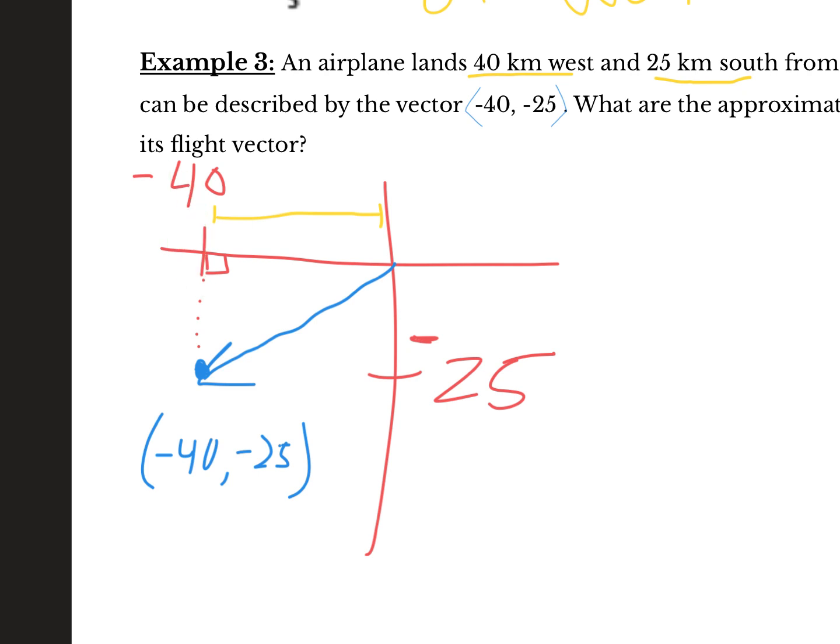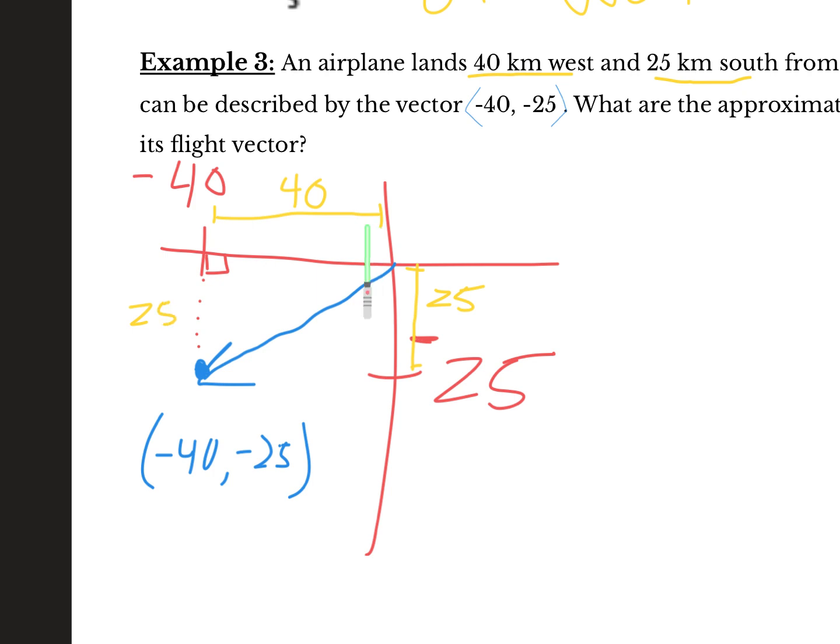So the positive distance of that segment is just going to be 40. And then in a very similar way, I should know the distance measured on this leg of the triangle. It should be 25 because this distance ends at negative 25. So if I think about this triangle, I know that this leg is 40. I know that this leg should be equivalent to this spot over here, which is 25. So maybe I'll label it over here.